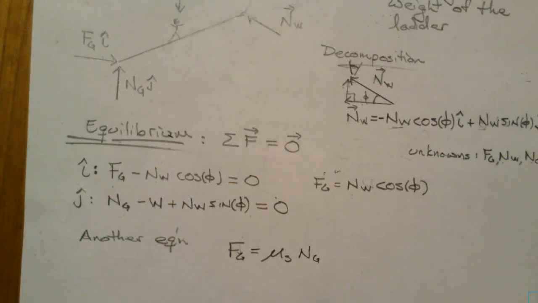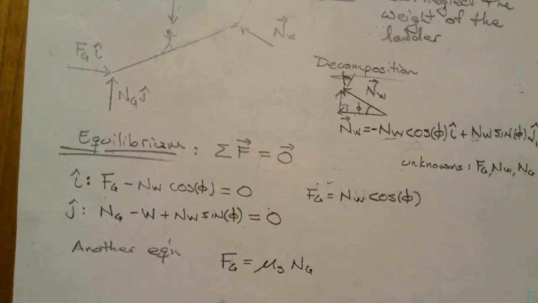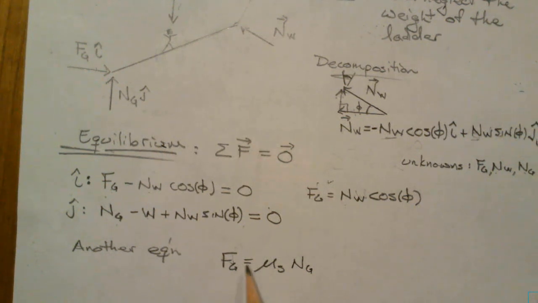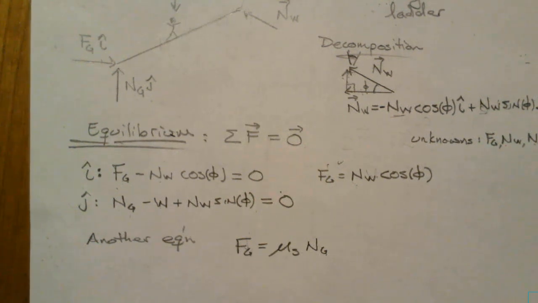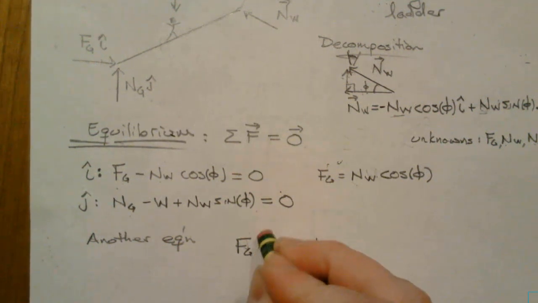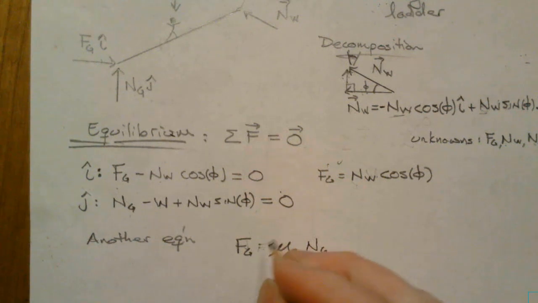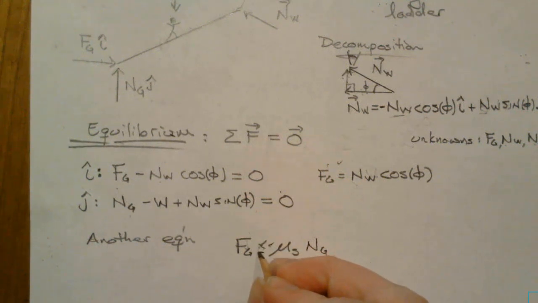But a more fundamental problem is this is not how static friction works. Static friction is not equal to mu s times Ng. We're going to be talking about this more in this class. But the static friction is really an inequality type thing. The static friction says that friction force has to be less than or equal to mu s Ng.